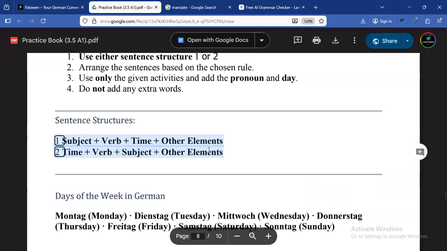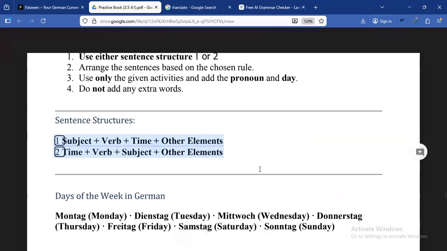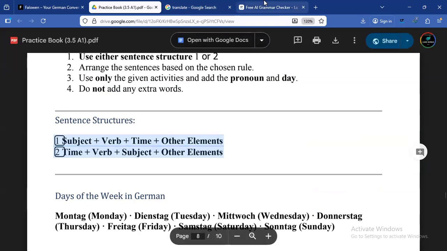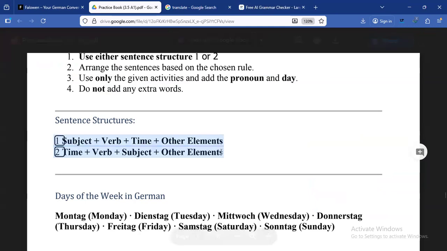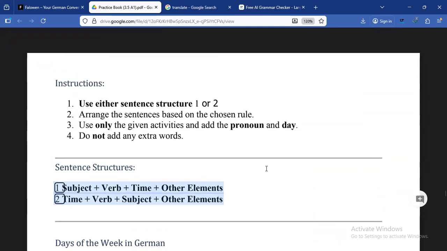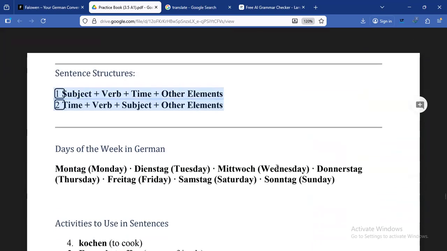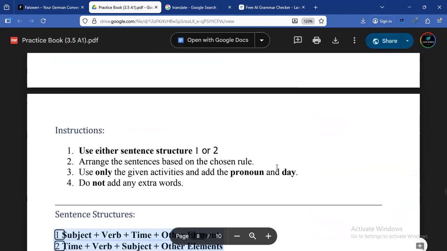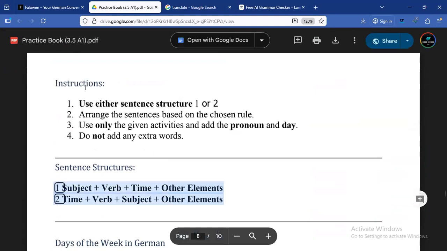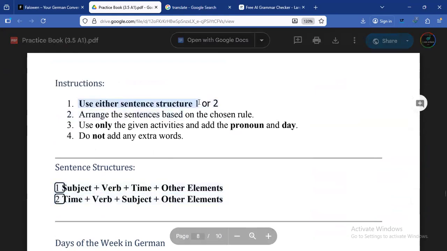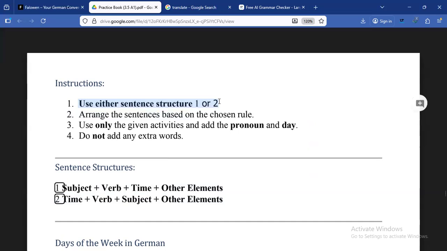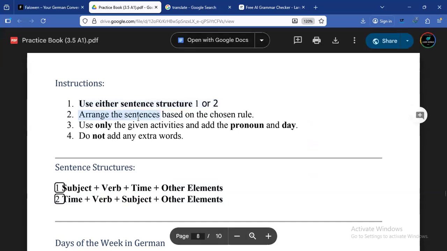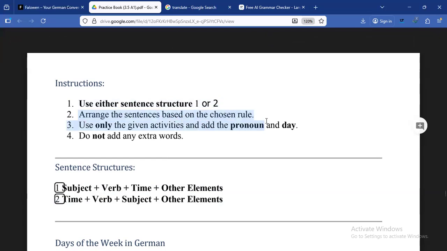So you can use these two structures with one another when you are writing, and that will help prevent the situation where you are just repeating one word all the time. So that's what we are going to practice. So this is the instruction. Use either sentence structure 1 or 2. Arrange the sentences based on the chosen rule.